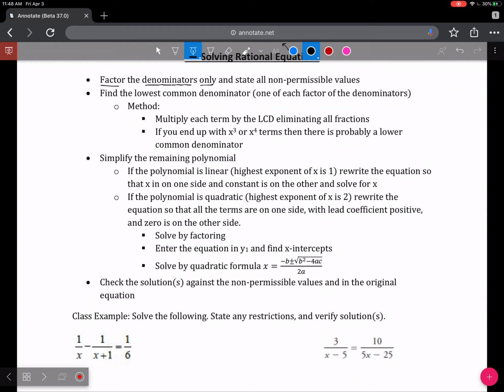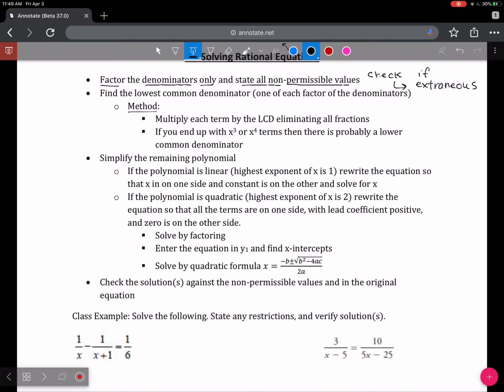And then stating the non-permissible values is going to be really important because later on you're going to have to check your answer against those non-permissible values, and if your answer to your equation is also a non-permissible value, then we're going to have to reject it, and that's going to be called extraneous. And when that comes up, I'll make sure to mention it.